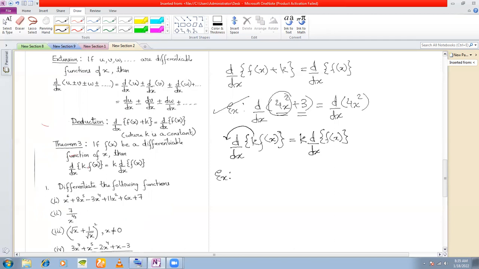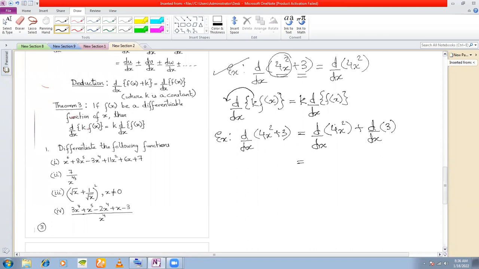Example. See here, d/dx of 4x square plus 3 is, distributing the differentiation over these two, d/dx of 4x square plus d/dx of 3. Now in the first one, this 4 is a constant, you can take it out of the differentiation to write this as 4 d/dx of x square. And 3 is a constant. Differentiation of a constant is 0.